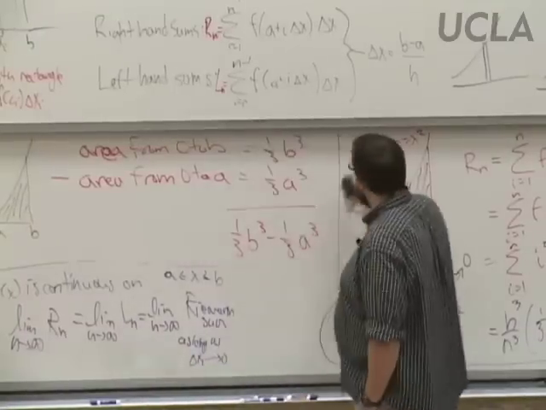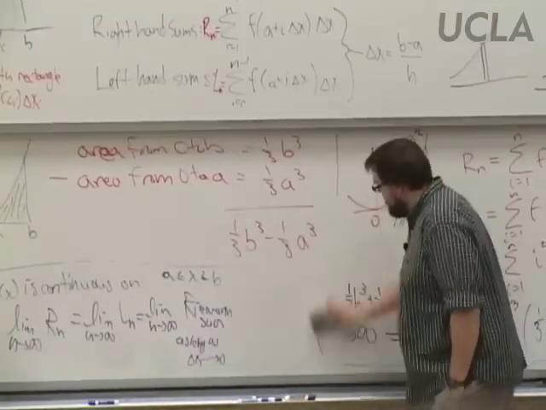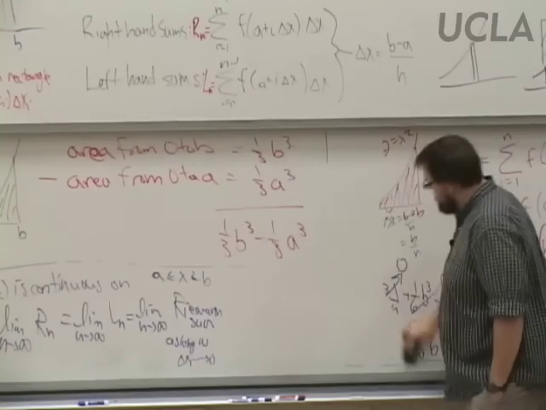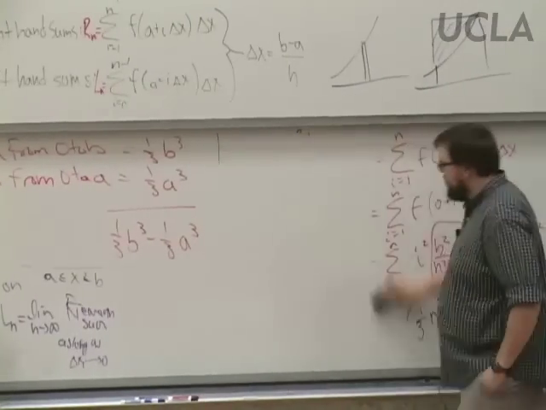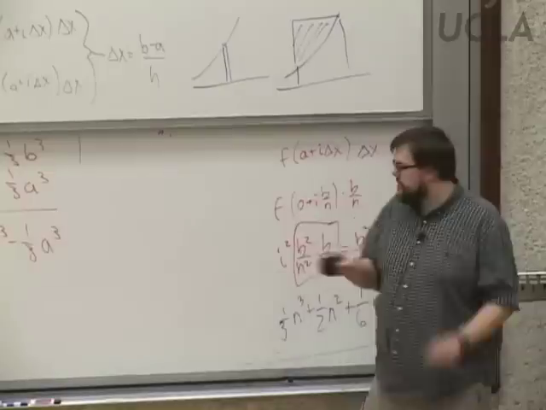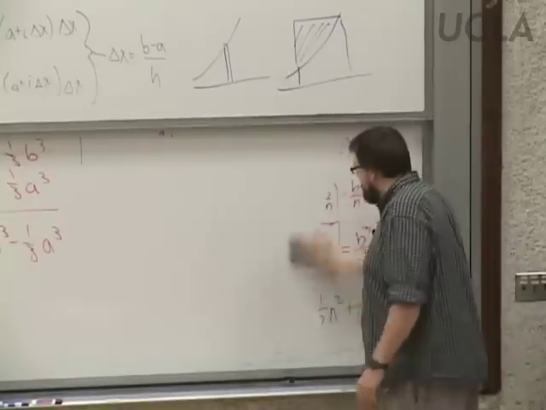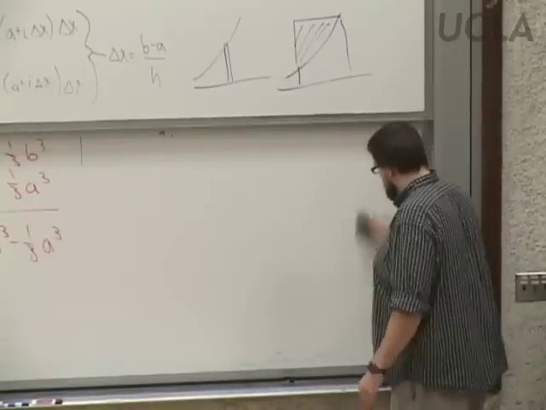So if I have a function which is continuous, no matter what function you start with, if it's continuous on a to b, you look at left-hand sums, right-hand sums, Riemann sums, as long as your widths are going small, it doesn't matter, you're always going to get the exact same value.